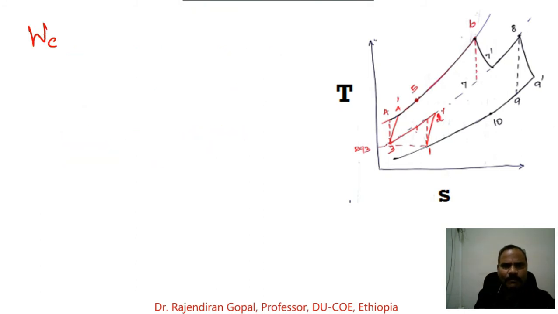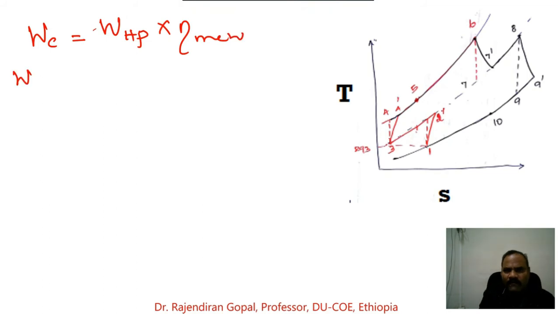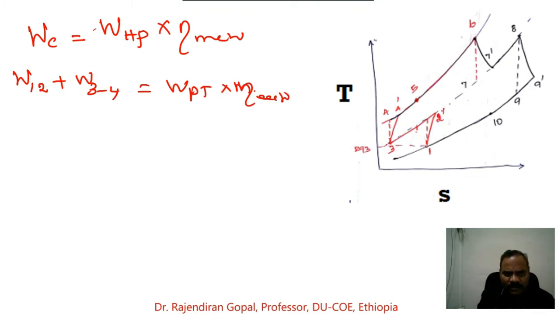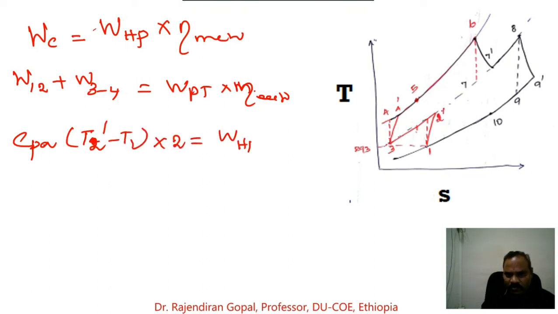Then work of compressor is equal to work of high pressure turbine multiplied by mechanical efficiency. Work of compressor 1 to 2 plus 3 to 4 is equal to work of high pressure turbine into mechanical efficiency. So this work of compressor is equal to work of compressor per kg of air, Cp of air multiplied by T2 dash minus T1 multiplied by 2, that is 2 stages, is equal to work of high pressure turbine into mechanical efficiency.